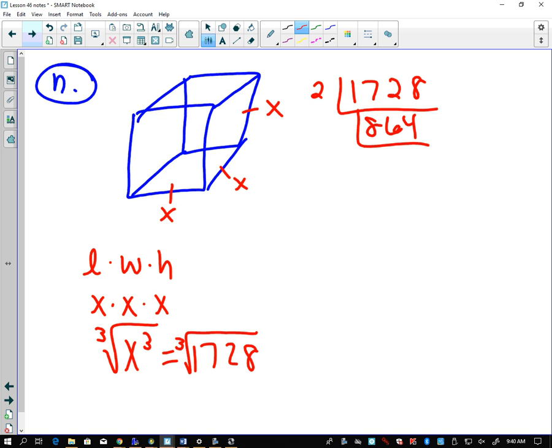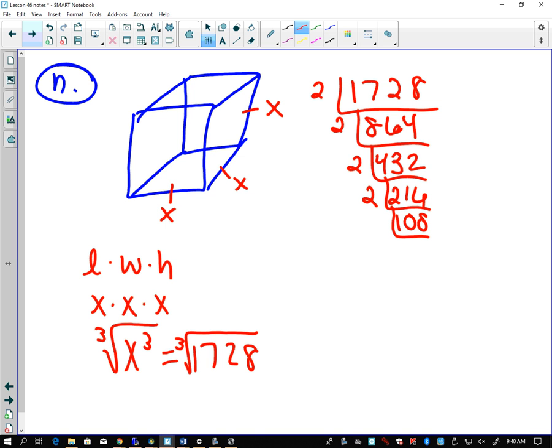Okay. What could I divide 864 by? 2, and what would I get? Okay. What could I divide that by? 2, and what would you get? 216. Okay, which we'll divide by 2 and get 108.